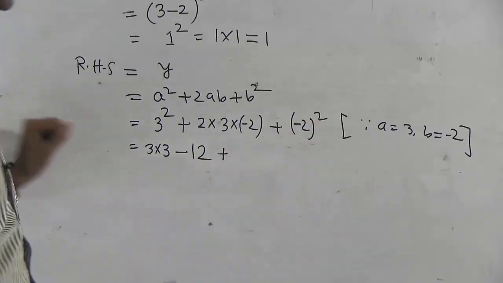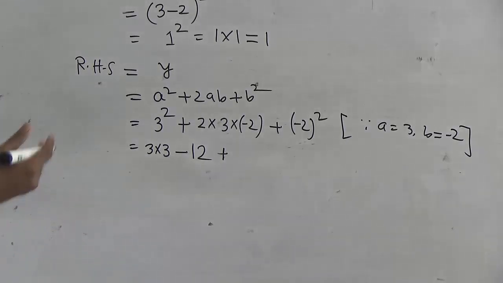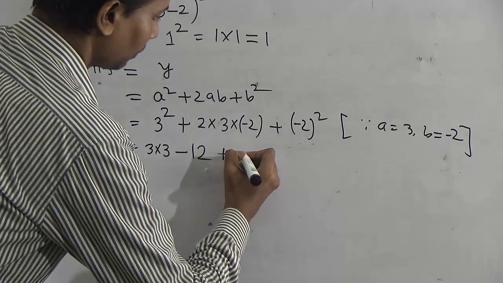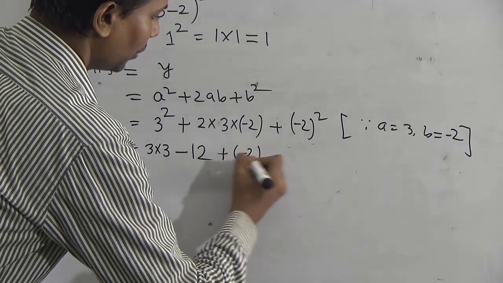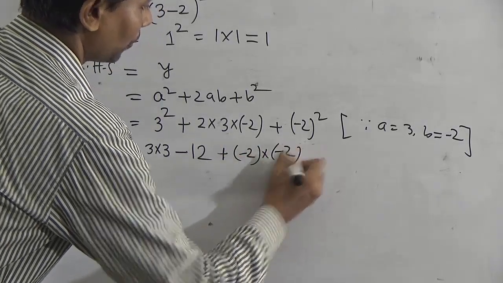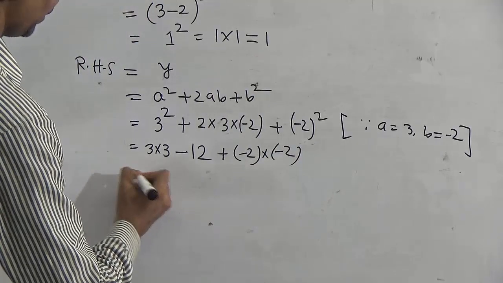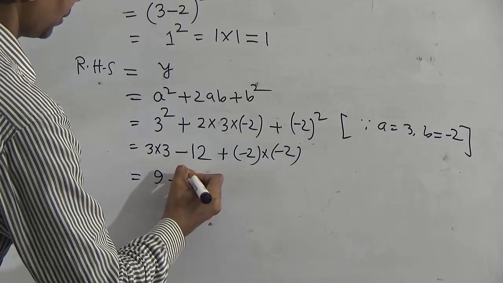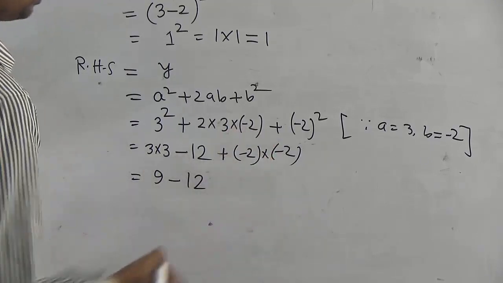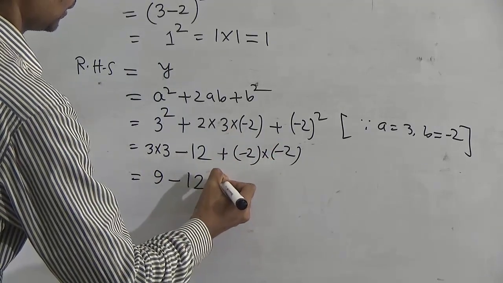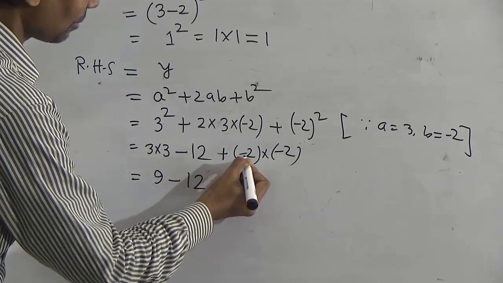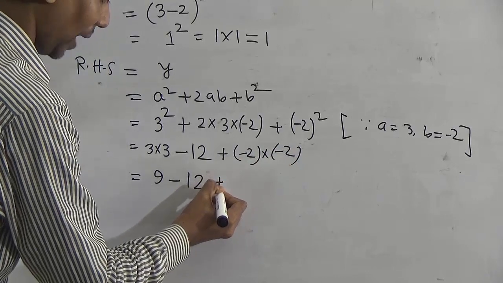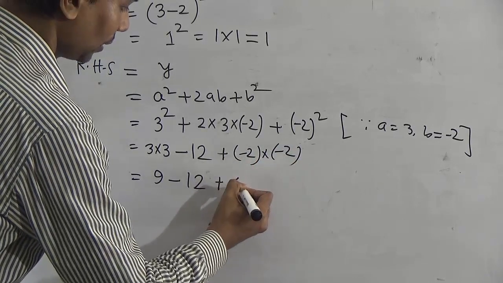-2 whole square. Minus 2 whole square, that means what? Minus 2 multiplication by 2 times, that is minus 2 into minus 2. Okay? Now write here 3 threes are 9 minus 12 plus, look, plus minus a minus, minus minus a plus, then you put here plus, then 2 twos are 4.